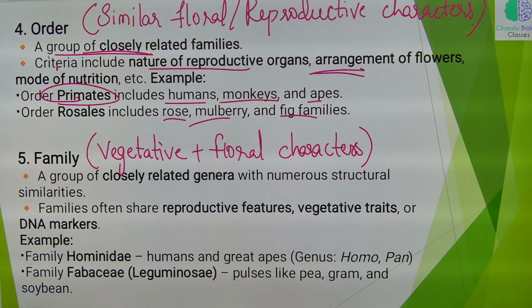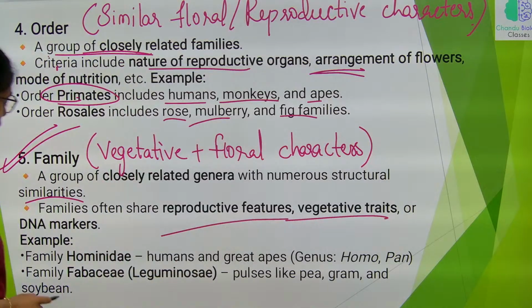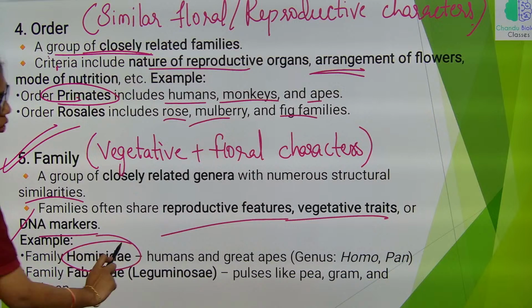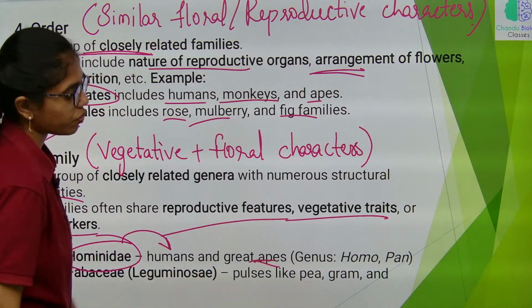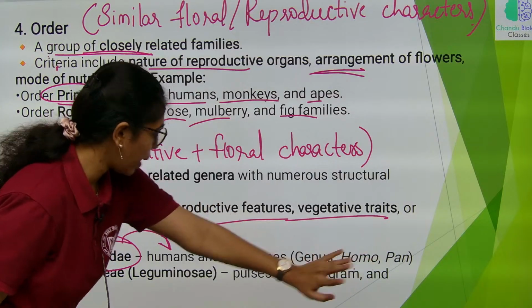Okay. And then family includes a group of closely related genera with numerous structural similarities. Families often share reproductive features, vegetative traits or DNA markers also we can say. Then example Hominidae, this family includes humans and great apes, for example genus Homo and Pan.